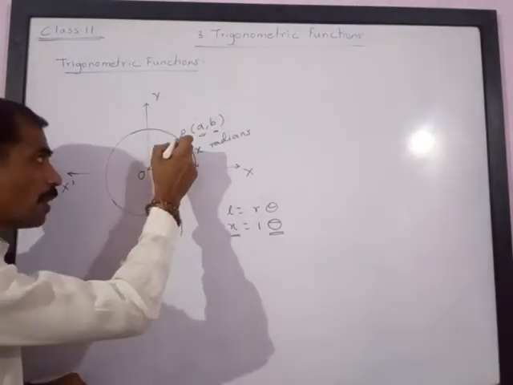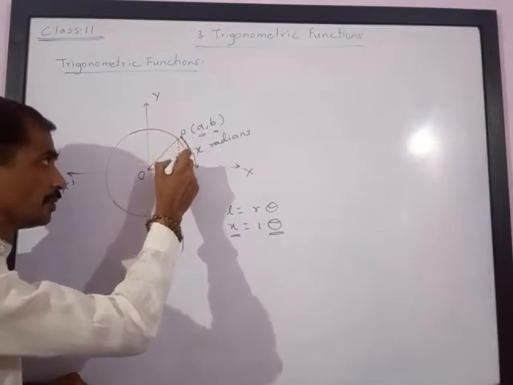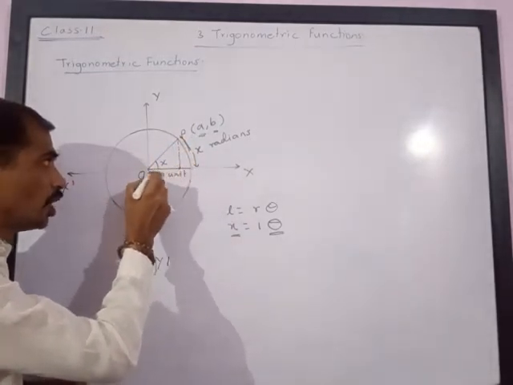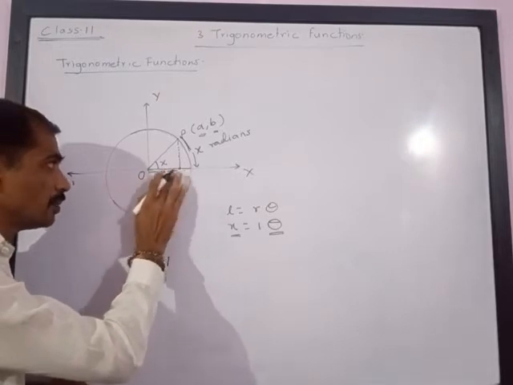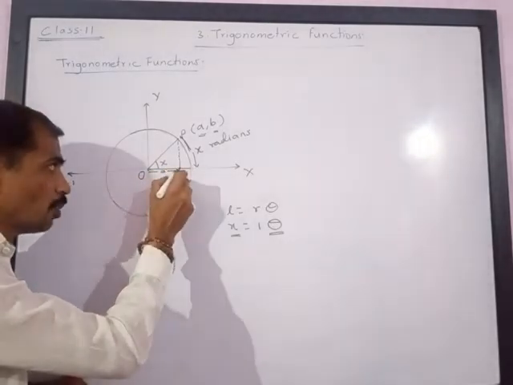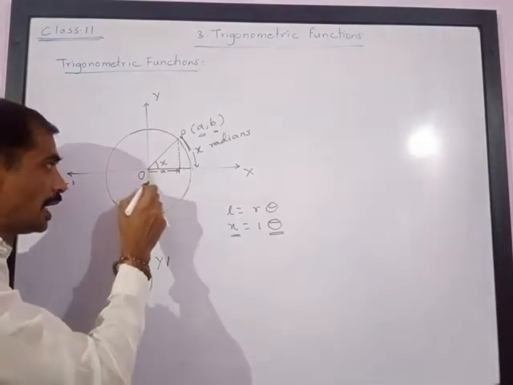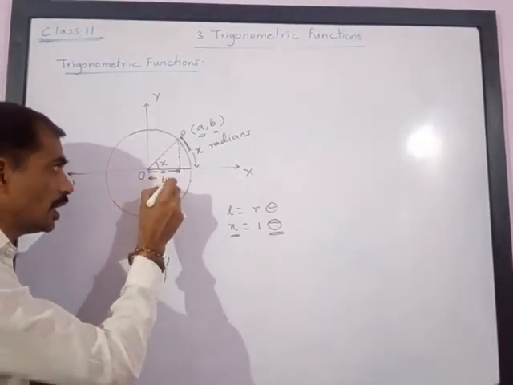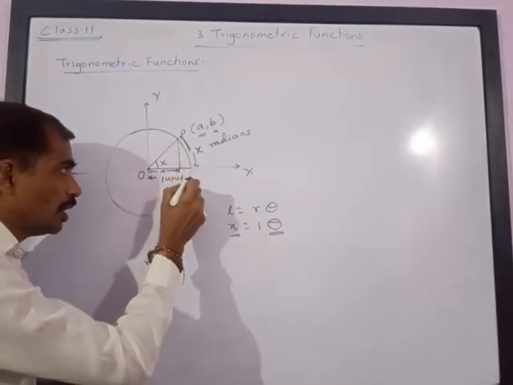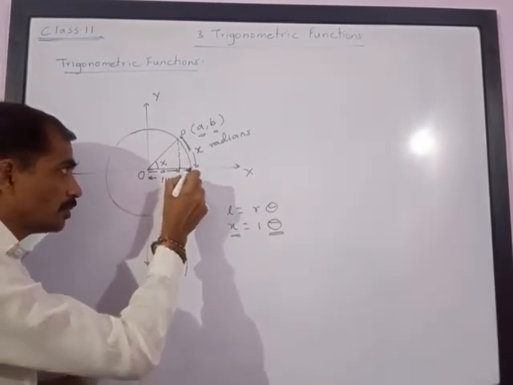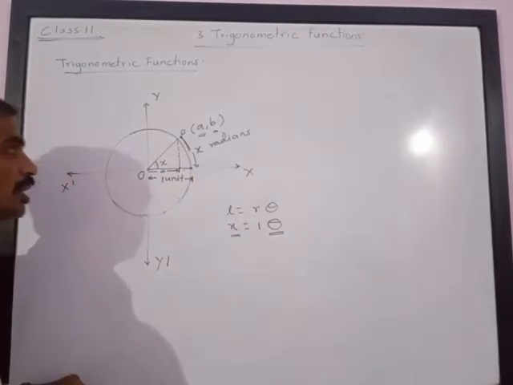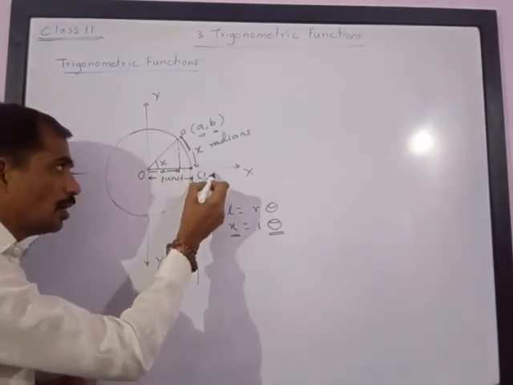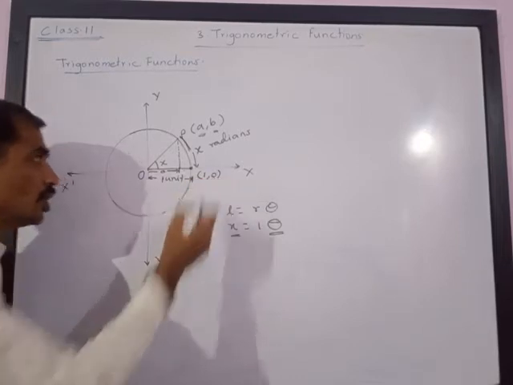So if you draw a perpendicular on the x-axis, this distance is equal to a units, and the radius of the circle is 1 unit. It will be up to this point. Please note, the coordinates of this point are x coordinate 1, y coordinate 0.